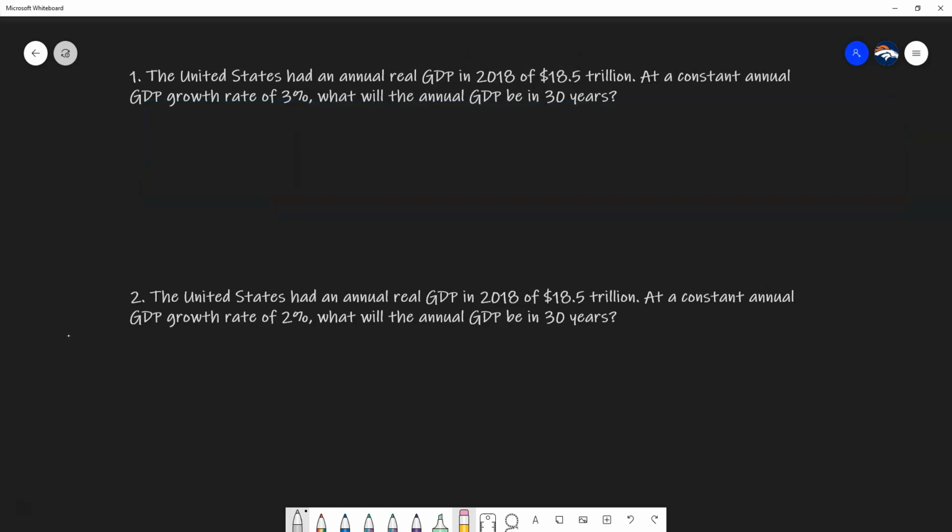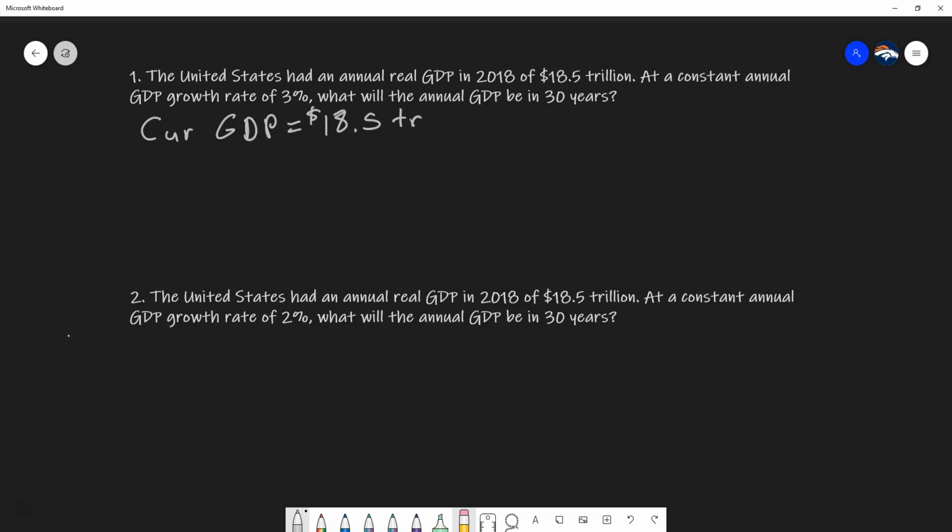So this particular problem states that the United States had an annual real GDP in 2018. And remember, real GDP means adjusted for inflation, so the purchasing power. Real GDP in 2018 of 18.5 trillion. So that is our current GDP. I'm going to write that right there as the variable we're going to use. Current GDP equals 18.5 trillion.